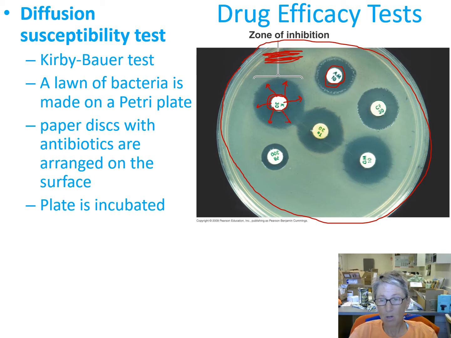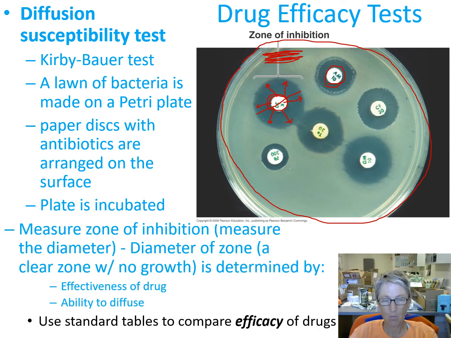And then what you can do is you can measure this diameter, or the killing zone, and you can see how effective your drug is. So when you measure the diameter of dead cells, so from here to here, that's called the zone of inhibition.